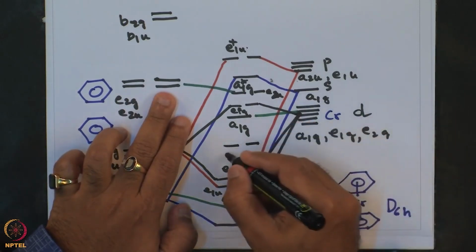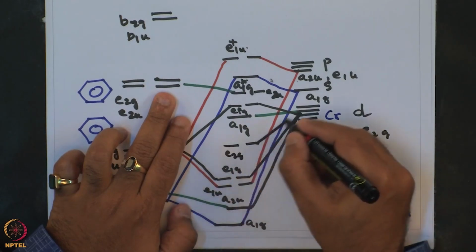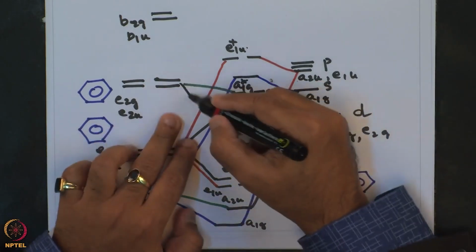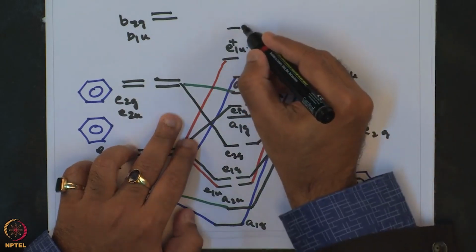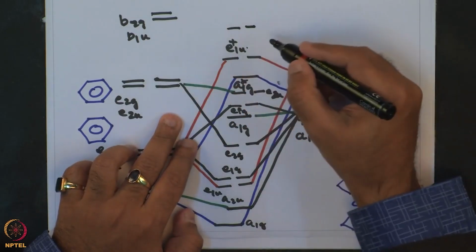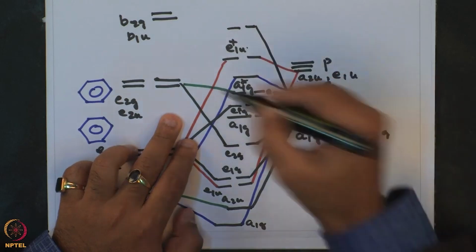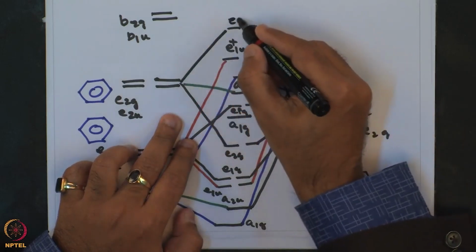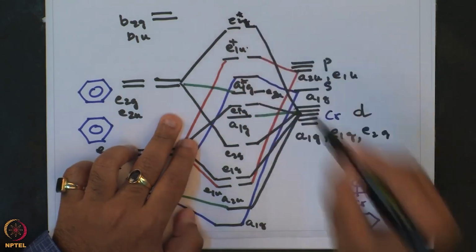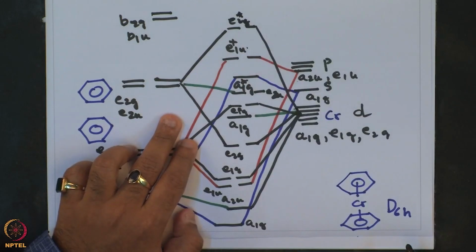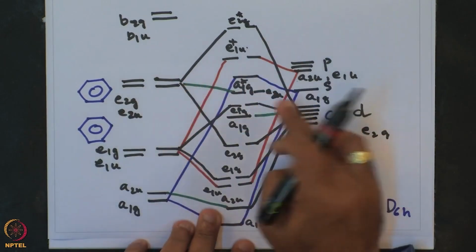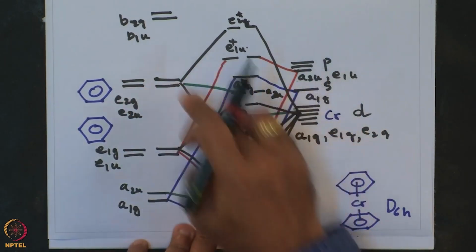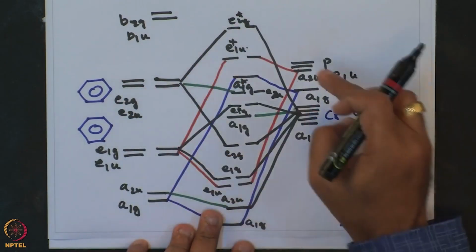E2g and E2g interact, giving E2g star, and as a result, one of these is non-bonding, the other one interacts over here.